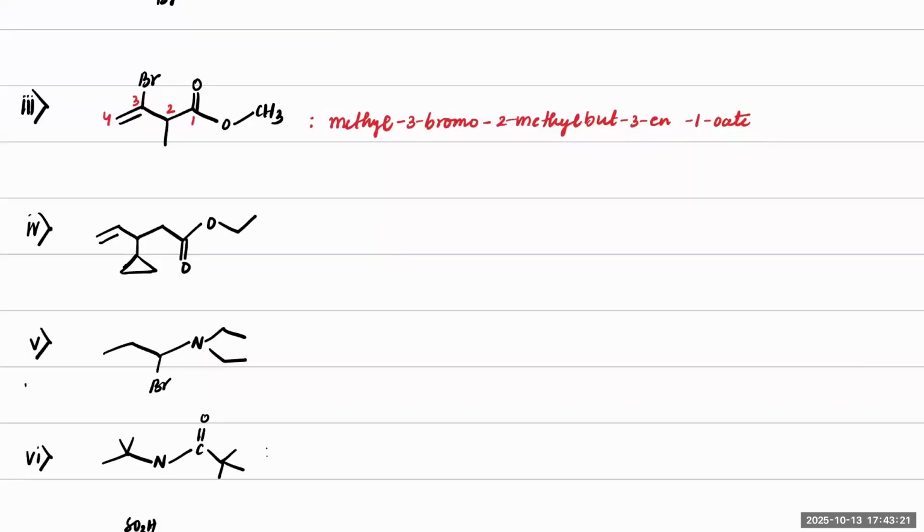Next one. Here it is the same thing. 1, 2, 3, 4, 5. So it is ethyl. You should start with ethyl because this is the alkyl part which you have to write first. Got it? So after ethyl, what do we have?